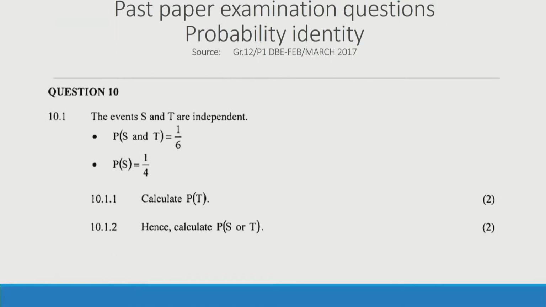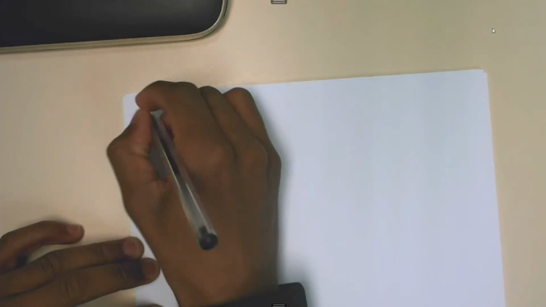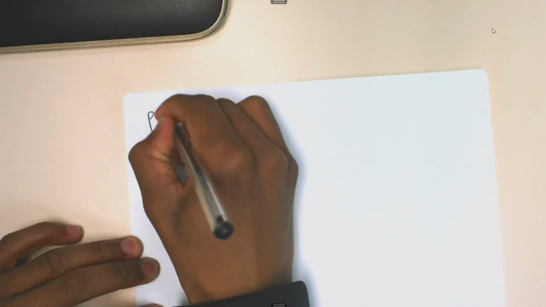One of the main concepts that are being assessed under probability is what we call the probability identity. Before we delve into this question, grade 12s, just a few things for you to remember when you deal with the probability identity.